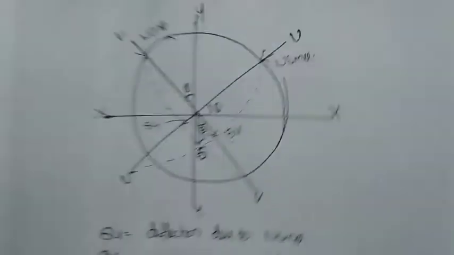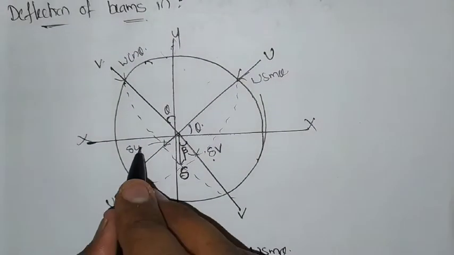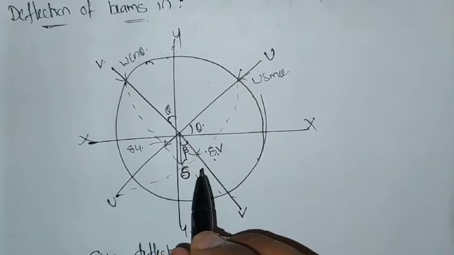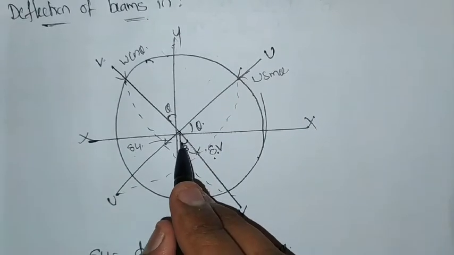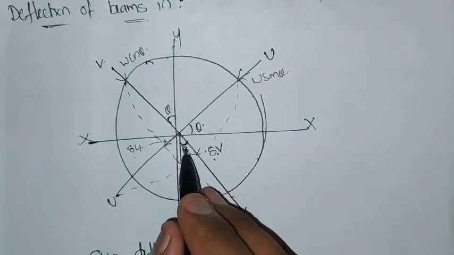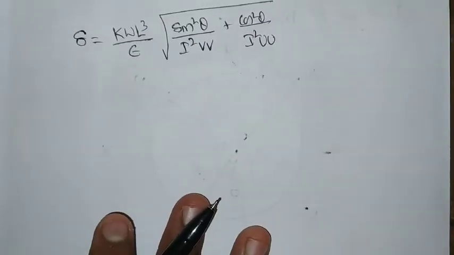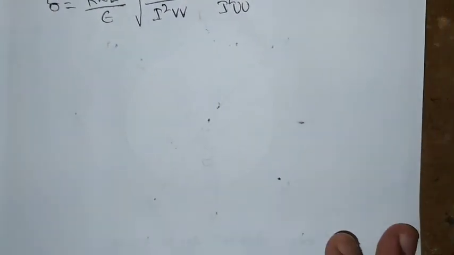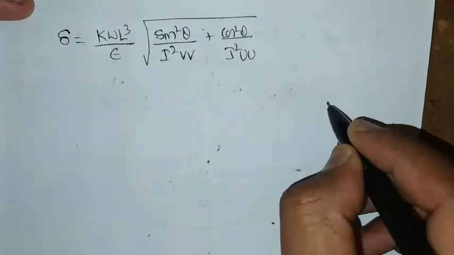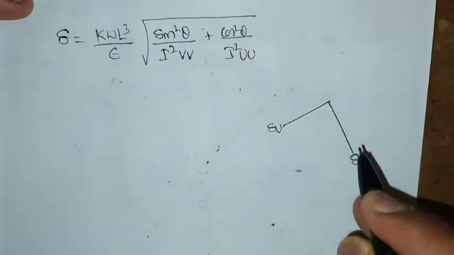Previously this is the deflection which I have got with respect to the resultant stress. Now in between this, the angle beta it is going to make. So that angle beta we have to find out. For that I am going to consider the triangle. So this is delta V and here delta U it is going to be.